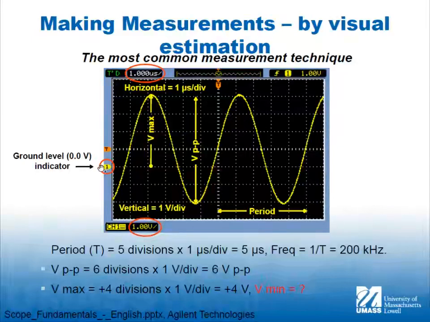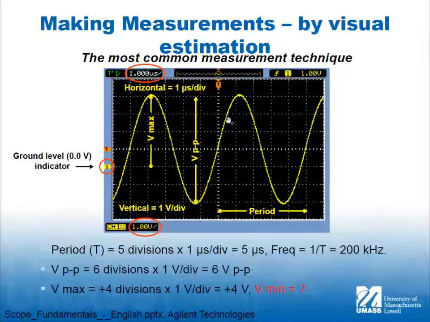Also, what I haven't talked about is triggering. What makes the signal start at a certain position? And it's this indicator right here. This indicator says when the signal crosses this line, I'm going to display the signal. And you can see that it crosses the line right there. So the trigger level is right here, which is about 1 volt above ground.